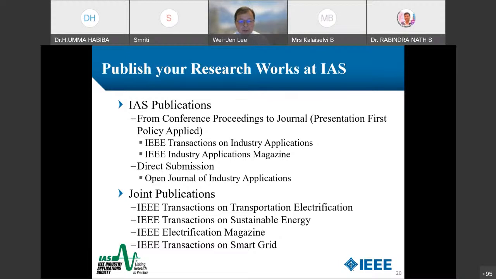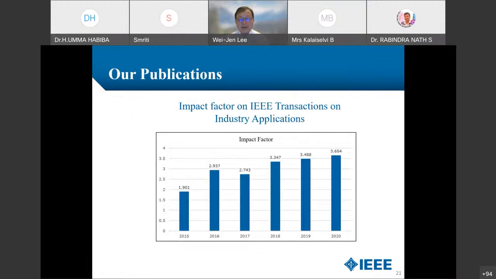We also have joint publications: the Transactions on Transportation Electrification, Transactions on Sustainable Energy, the Electrification Magazine, and the Transactions on Smart Grid. This is our joint publication with other sister societies. Looking at the Transactions on Industry Applications, in 2020 our impact factor is 3.654.